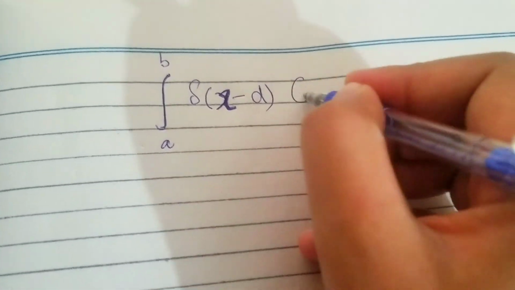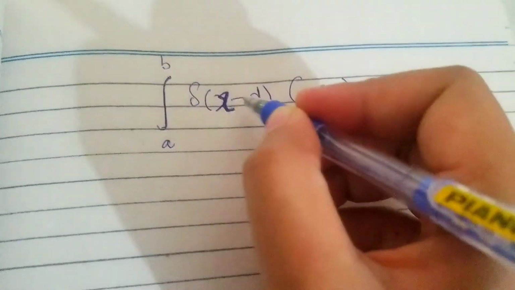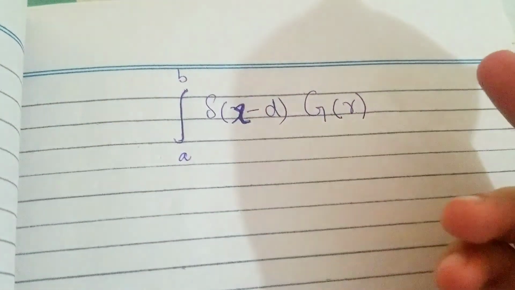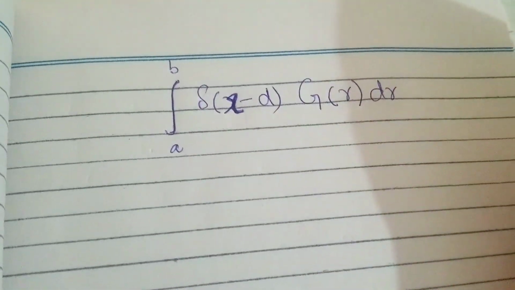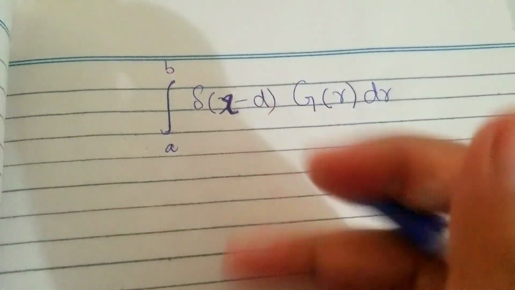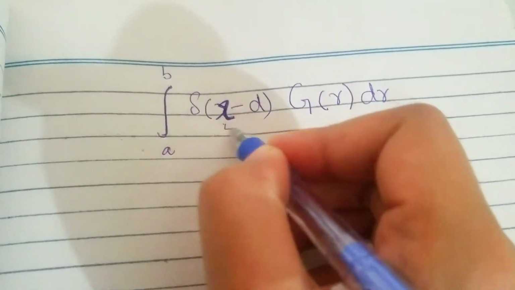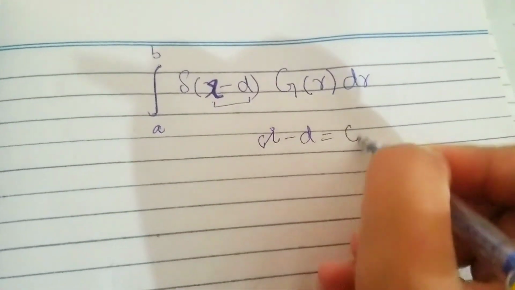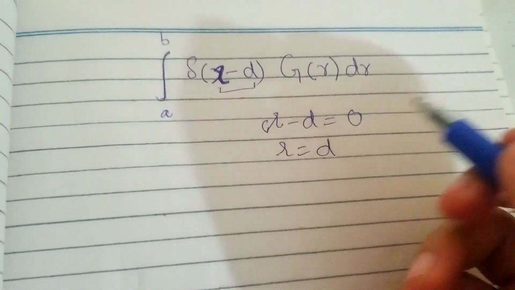And here is a function which is dependent upon r also, okay, and there is a function besides the delta function that is a function of r also, and the integration is taking place with respect to the r variable. Then the integration of this whole term will be equal to, we'll put this one term equal to 0, and we will find out the value of r that we will get. This is the property of delta functions, and that is why it is possible.